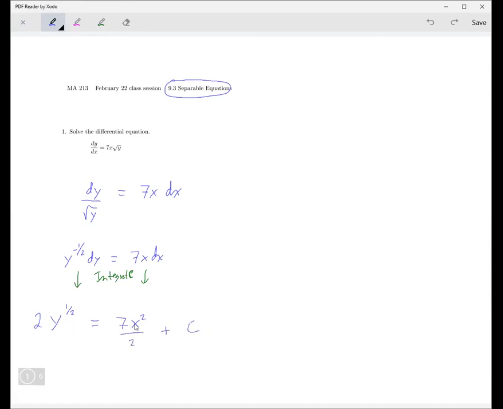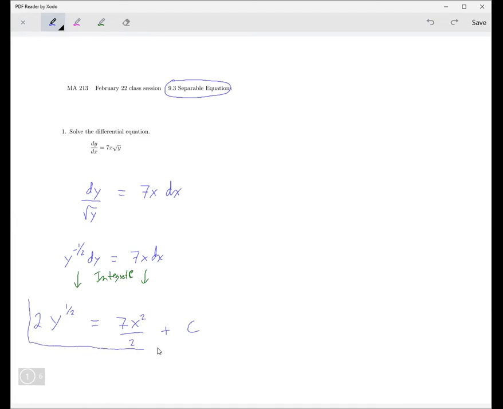Now, technically, both sides are going to have a constant, but it's the same as if you just put it on one side, because if you had a constant here and a constant there, you could take this constant and subtract that constant from it, and you get a new constant. That's the idea right there. And so that is it.